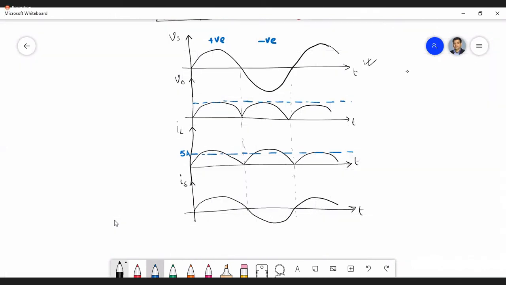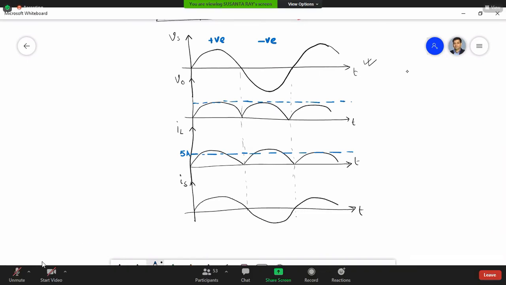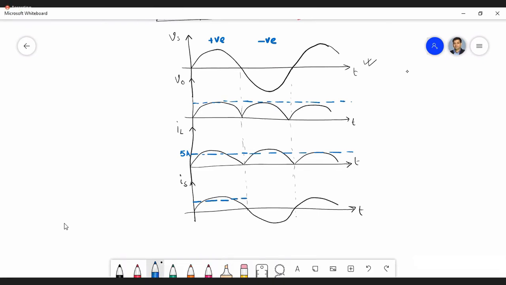Okay. Now, can you tell me what should be the waveform of IS in case of ripple free DC? It should be a square waveform. Very easy: in the positive half it is 5 ampere, and in the negative half it is minus 5 ampere.